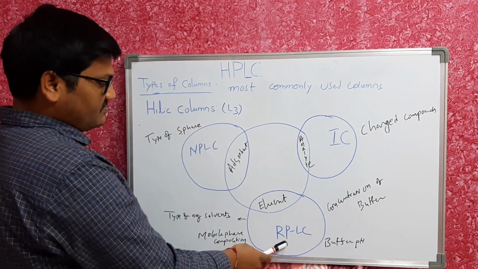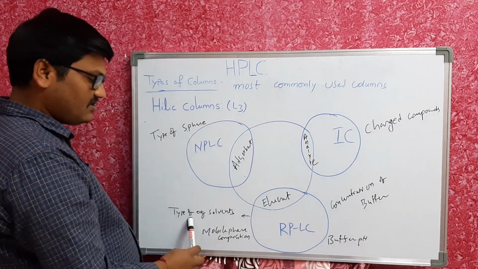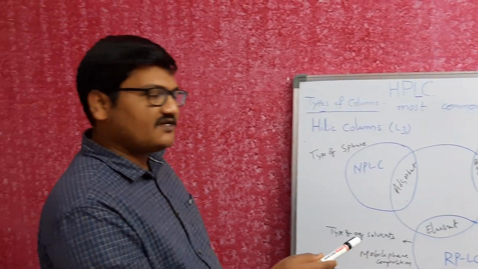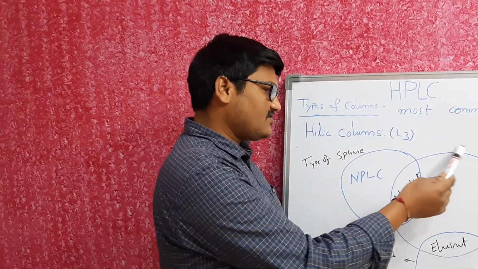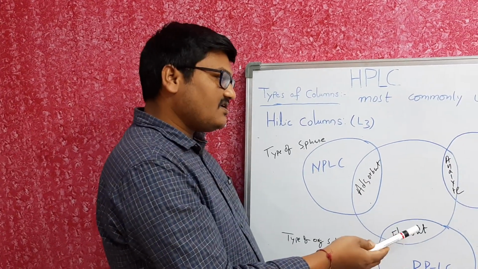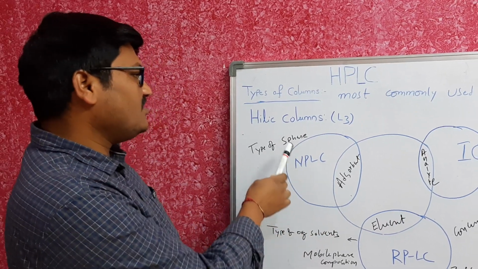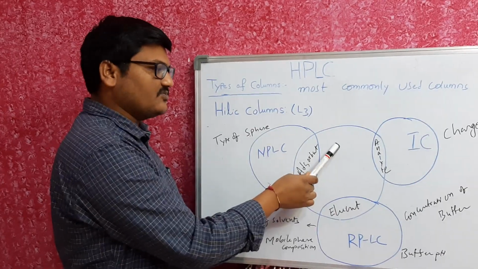Polar solvent, polar buffers with high organic solvent. That means 70 to 80% of the organic solvents can be used in HILIC column chemistry, for separating highly polar molecules by using HILIC columns, silica columns or hydrophilic columns.